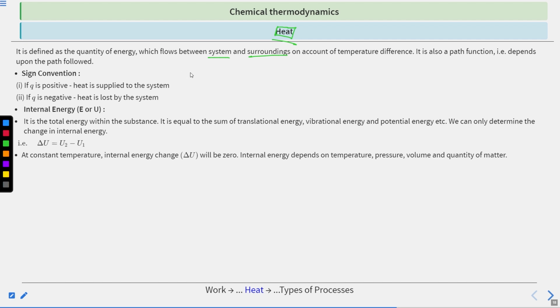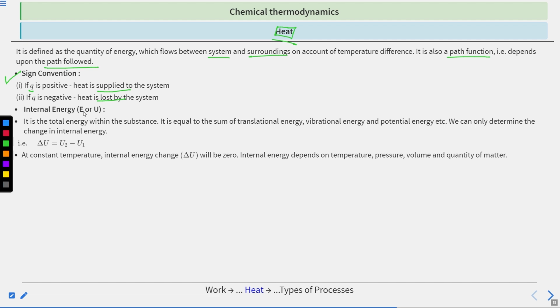It is also a path function, that is, it depends upon the path followed by the process. Here is also the sign convention for heat. Heat is represented by Q. If Q is positive, heat is supplied to the system, and if Q is negative, heat is lost by the system.